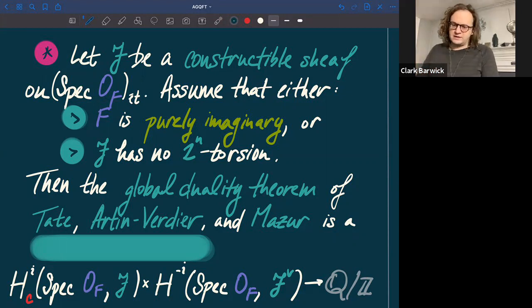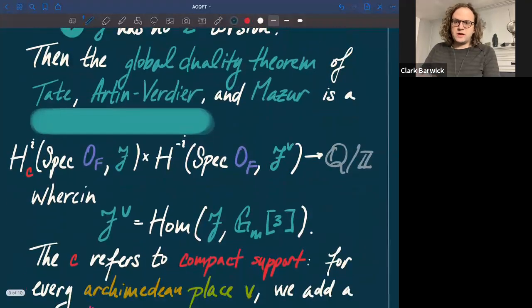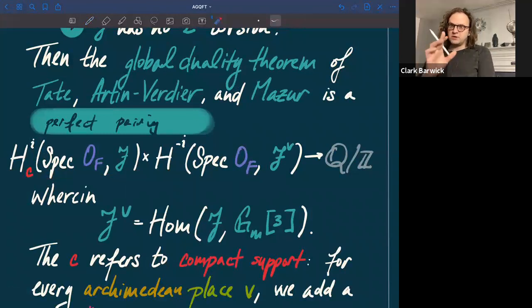Then there's a global duality theorem. And the global duality theorem is again a perfect pairing. The perfect pairing takes the compactly supported cohomology, I'll say what compact support means in a second, and it pairs it with H^(-i) of something that I'm calling F dual. And once again, that's a perfect pairing into Q/Z.